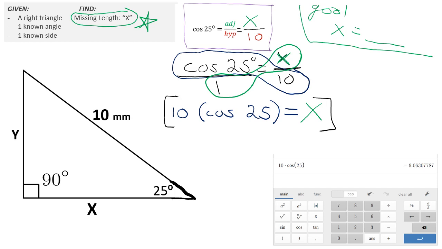And how do we plug this into a calculator? Well, remember that this is like 10 times the cosine of 25. And the cosine of 25 is its own value.